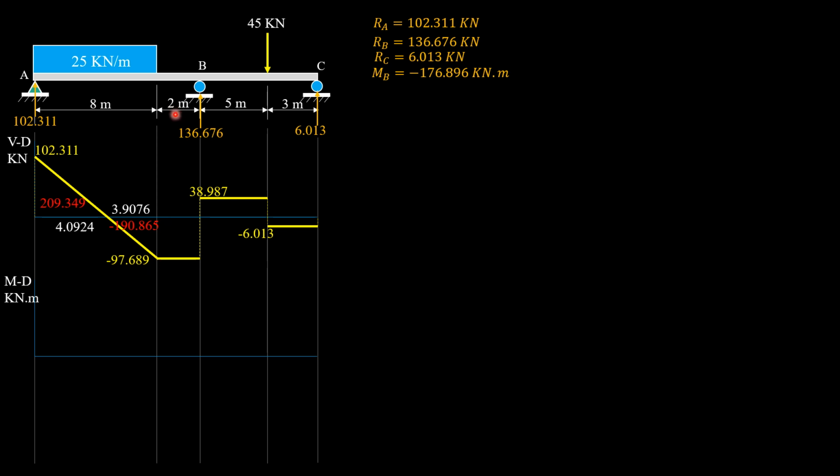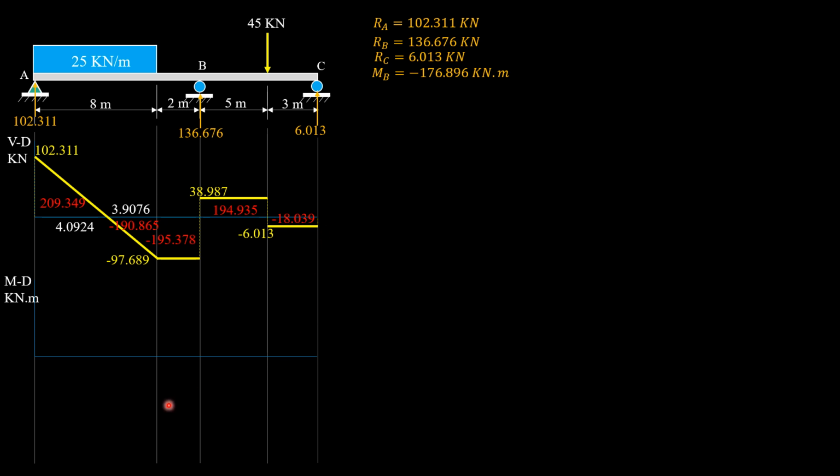Negative 97.689 times 2, rectangle, negative 195.378. 38.987 times 5, 194.935. Negative 6.013 times 3, negative 18.039.